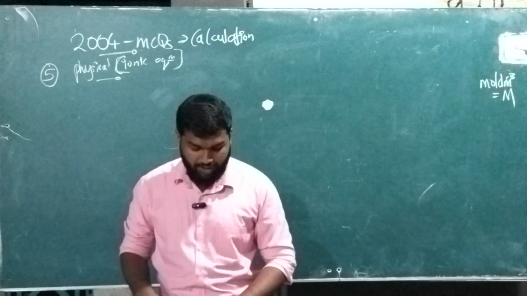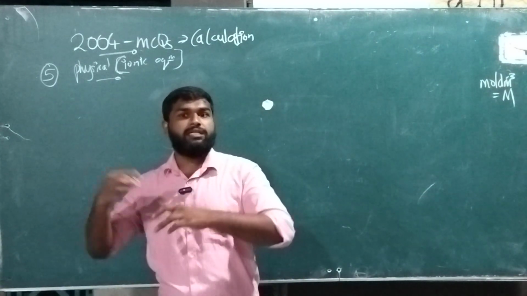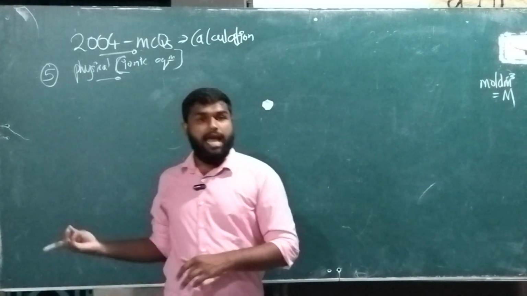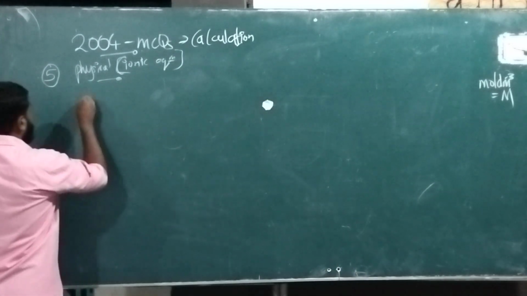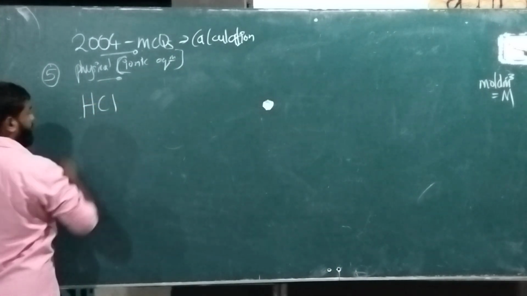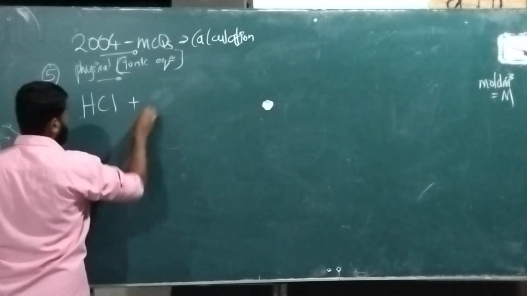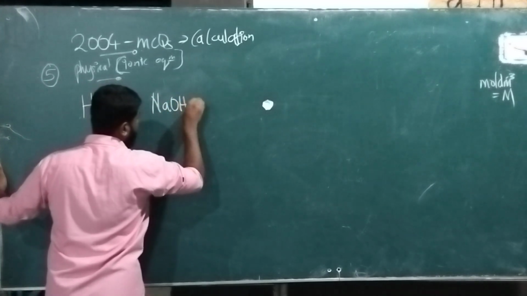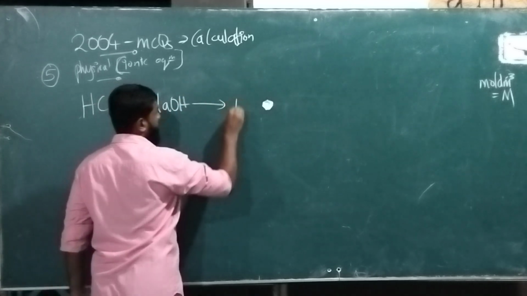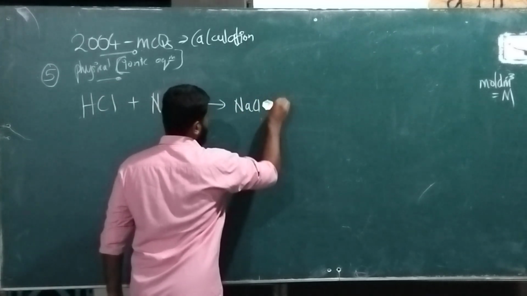Okay, now let's come to the point. So pH 2 means it's actually a strong acid in excess here. Okay, so what will happen is now we have HCl reacting with NaOH to give NaCl plus H2O.